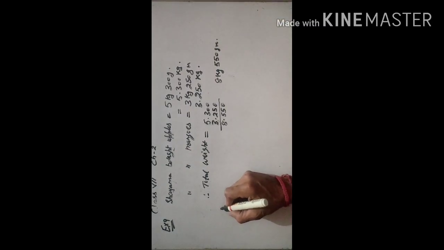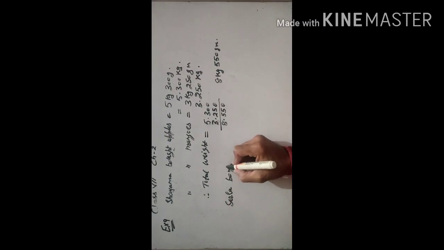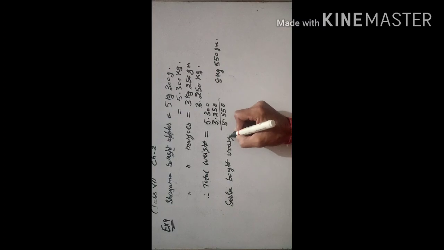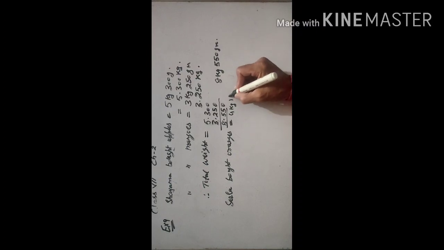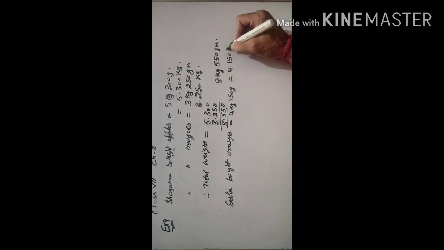Now next part is Sarla. Sarla bought oranges, that is equal to 4 kg 800 gram, that is 4.800 kg. And Sarla bought bananas, equal to 4 kg 150 gram, that is 4.150 kg.